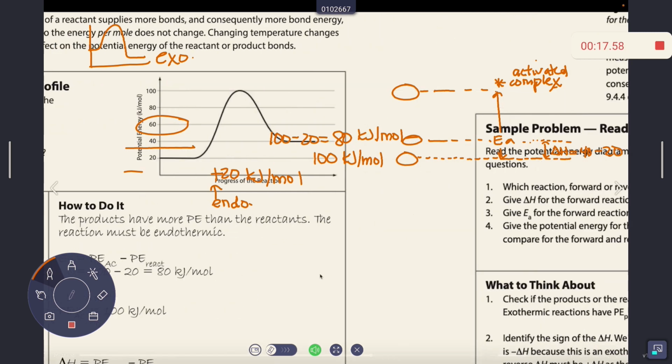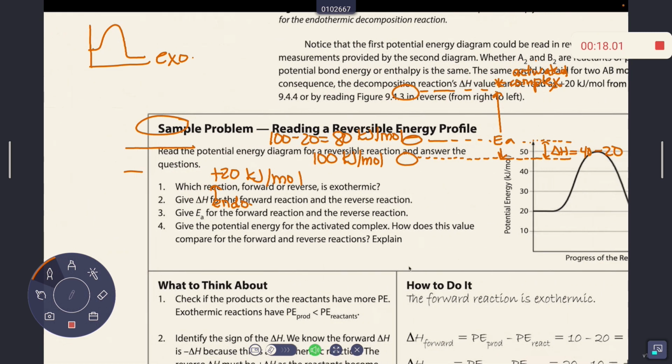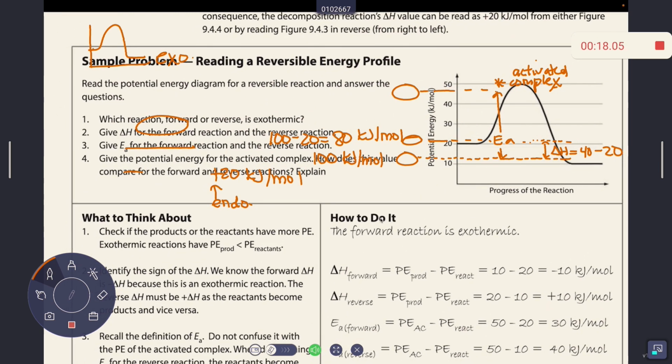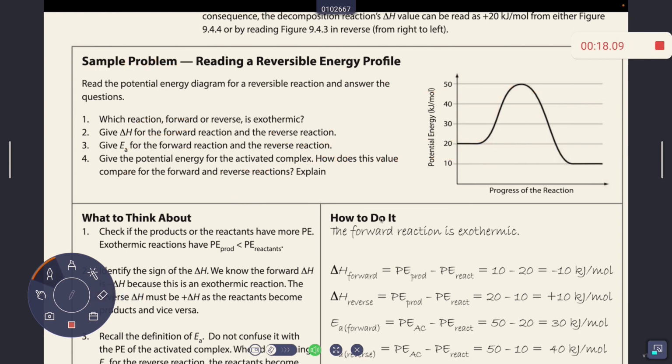So let's come over here. This is a reversible reaction. Which reaction, forward or reverse, is exothermic? Good job. Forward. Yeah, because the product potential energy is less than the reactant potential energy.